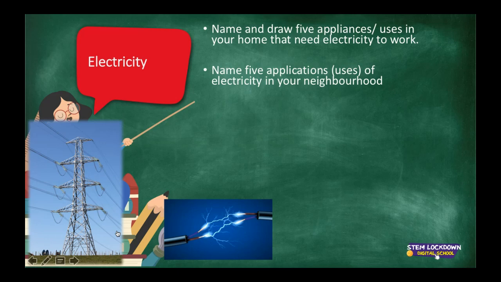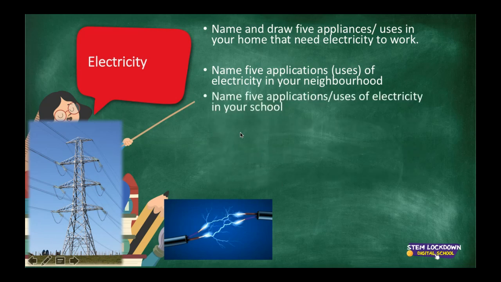Maybe some of you live in very secured areas, like an estate with boom gates or electric gates for you to enter into the home, your robots. So just think of 5 uses of electricity in your neighborhood. So first it's your home, the second one is your neighborhood.